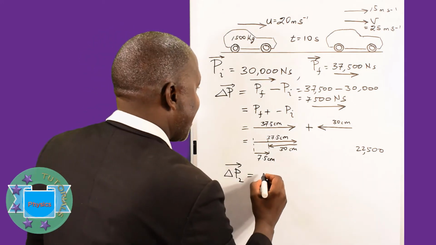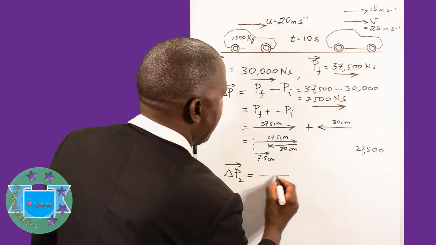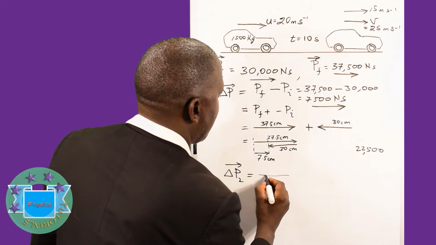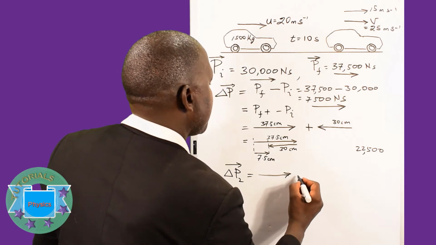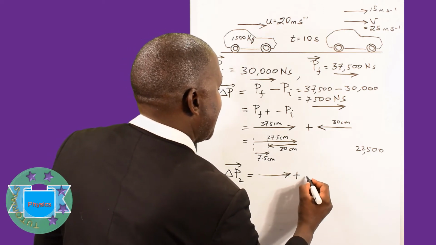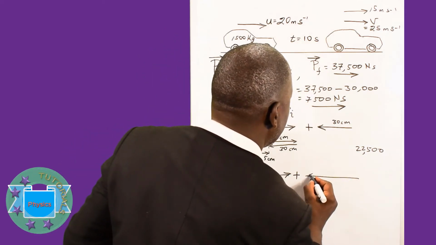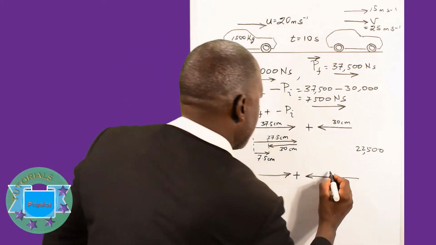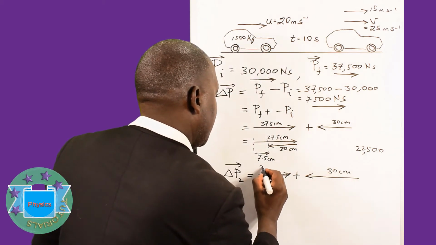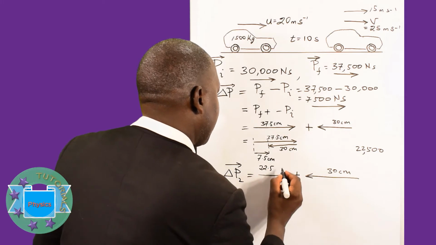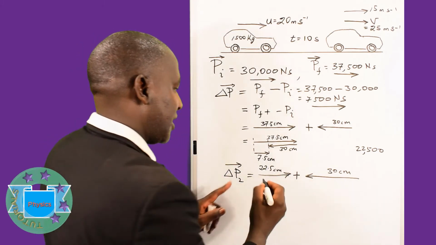So I'm going to have the final momentum, which will be represented by this shorter arrow here pointing to the right, plus minus the initial momentum, which will now be like that, which is 30 centimeters. Of course, this one will be 22.5. I hope you understand why I've done that.